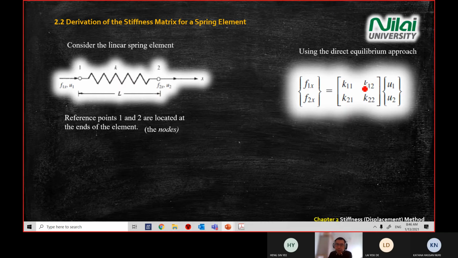Row and column, you have to know the matrix. K21 means row number 2, column number 1. K22 means row number 2, column number 2.